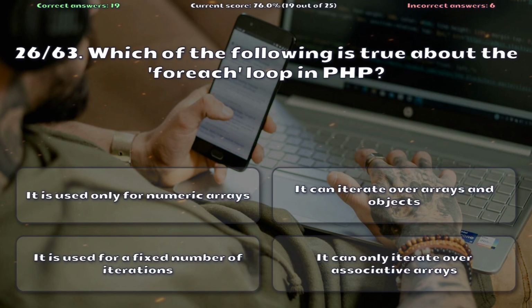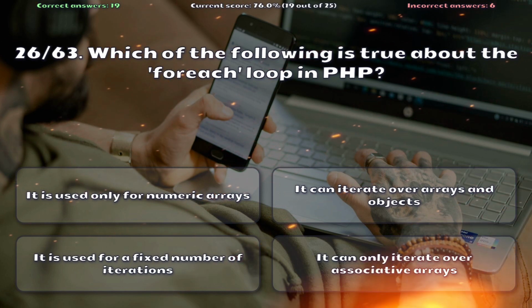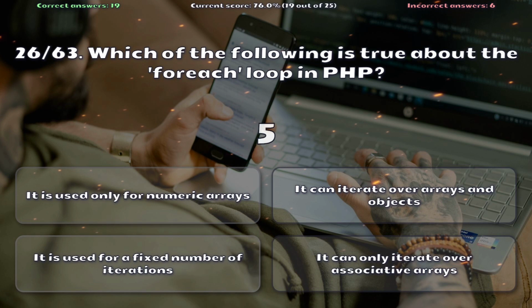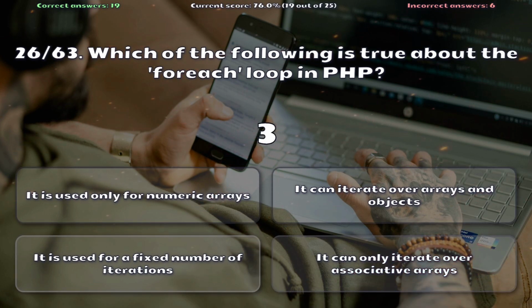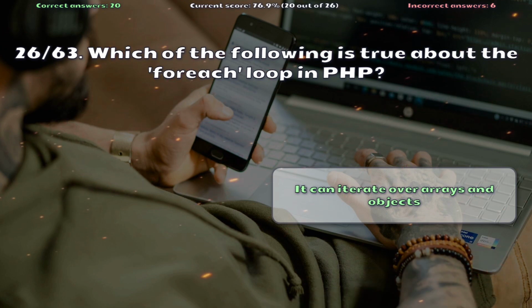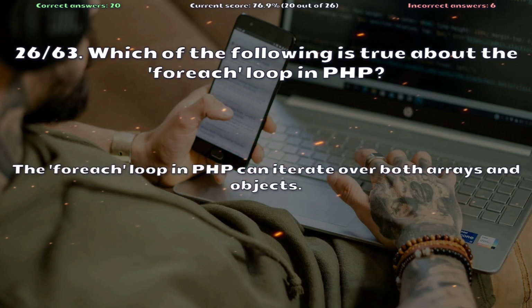Which of the following is true about the foreach loop in PHP? The foreach loop in PHP can iterate over both arrays and objects.